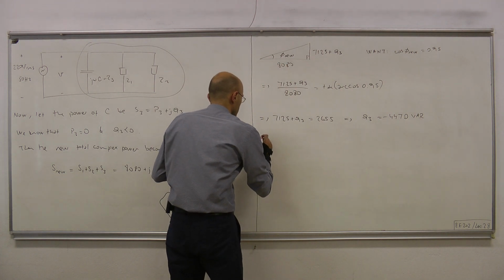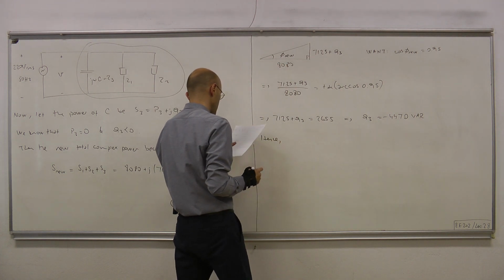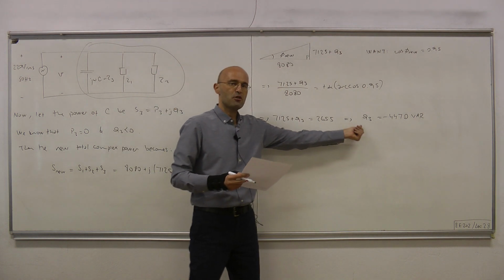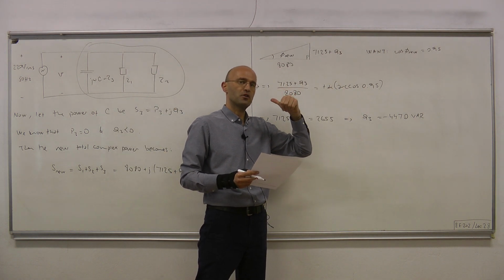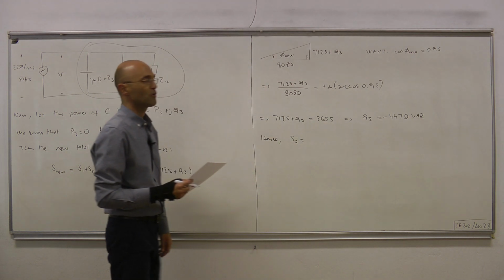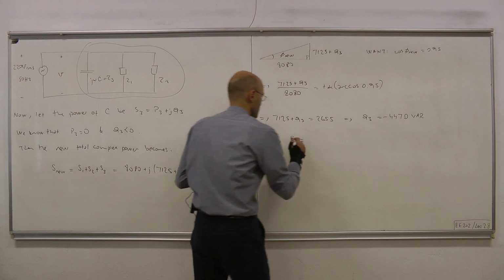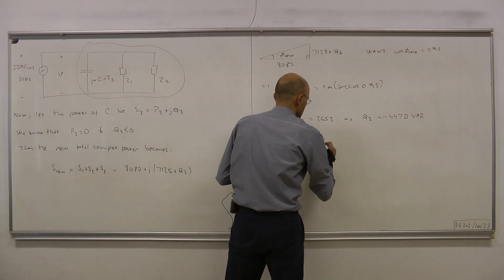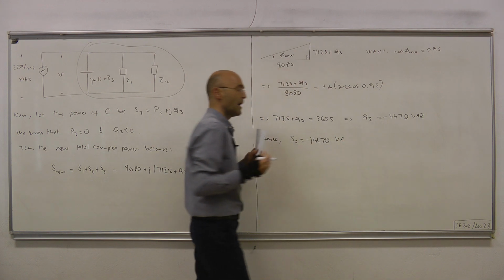So what we have therefore is S3 equals P3 plus jQ3. P3 is 0 because we're talking about a capacitor, and Q3 is minus 4470. So therefore S3 is minus j 4470 volt amps.